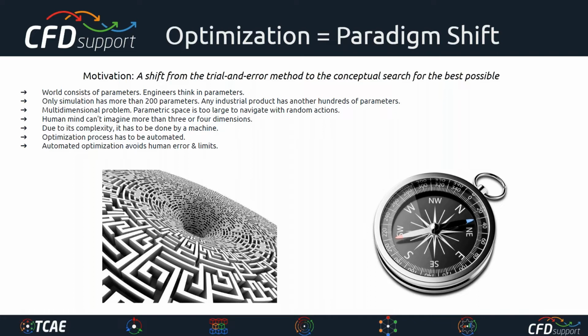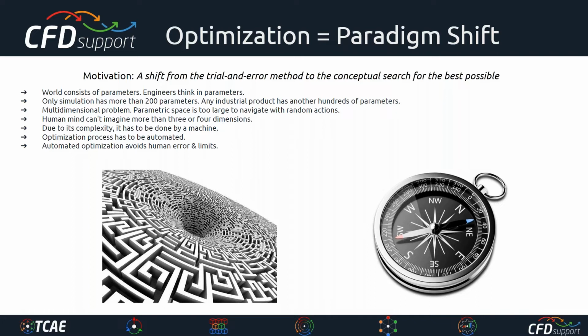You can count in the boundary conditions and mesh properties and numerical schemes and turbulence models and everything. Plus you have for sure hundreds of parameters of the industrial product you are going to simulate, of your machines, of your product you want to simulate.